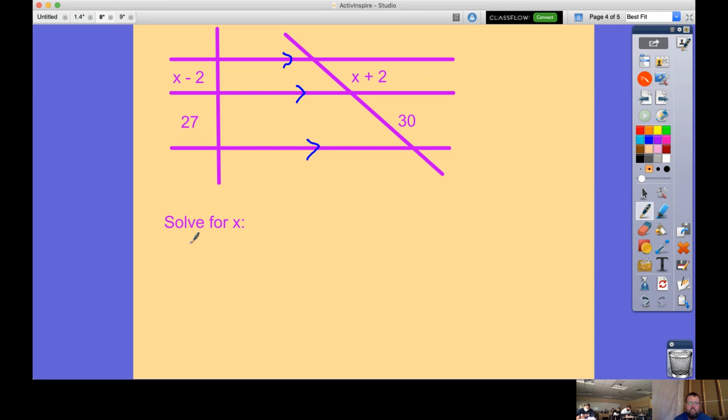I am guessing Gavin's in there. Gavin, tell me what the proportions are going to be here.